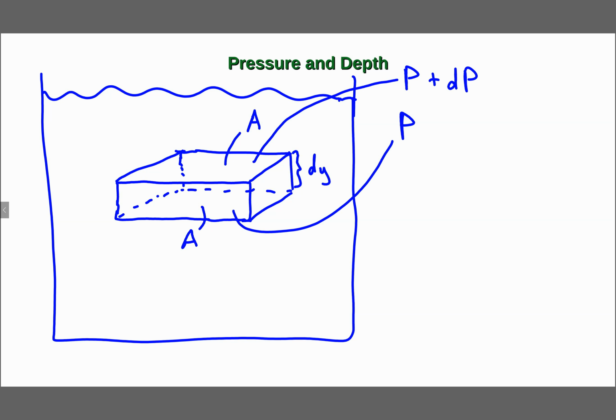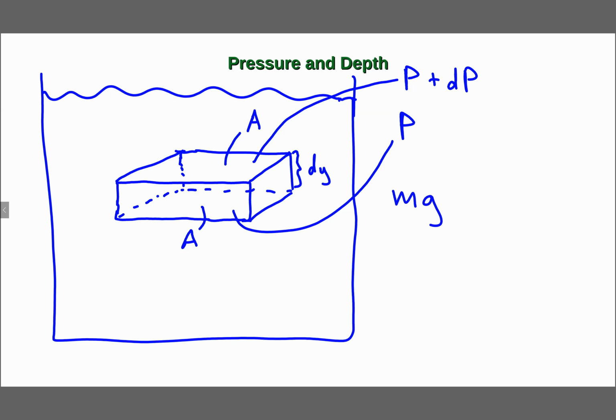Okay? It's P, the pressure on the lower surface, plus some amount of change, right? No matter what this pressure is, we could describe it this way. We're just describing it in reference to P. Okay? So the little box has these two forces on it, but then it also has gravity acting on it, right? It has some mass, and it has mg pulling down on it.